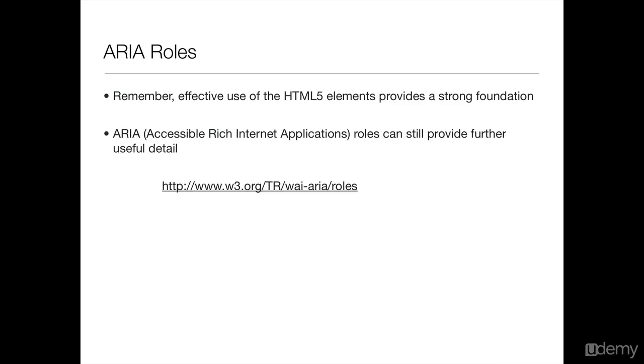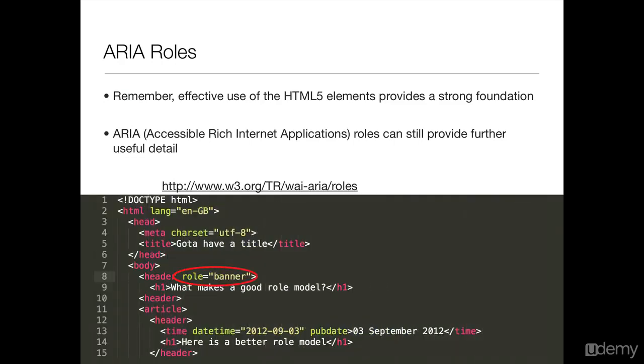But some of the things such as menus, navigations and so forth as role names which are attached as attributes to elements are not necessary anymore, because they're essentially covered by the new semantic elements of HTML5.